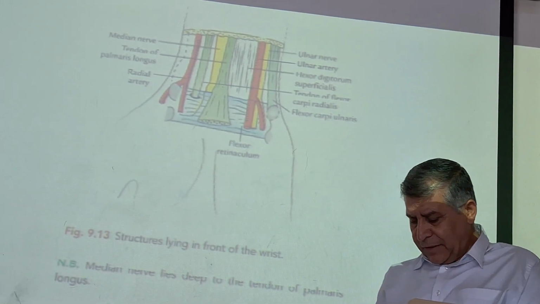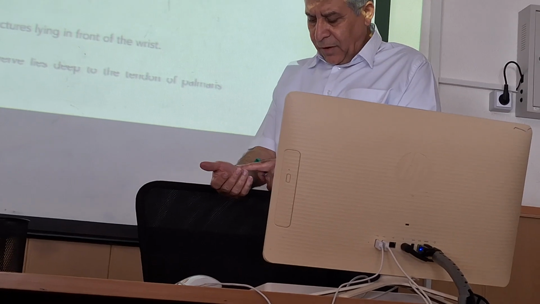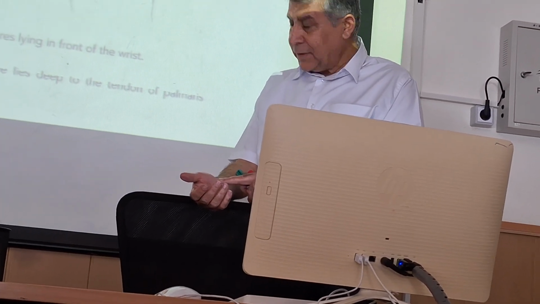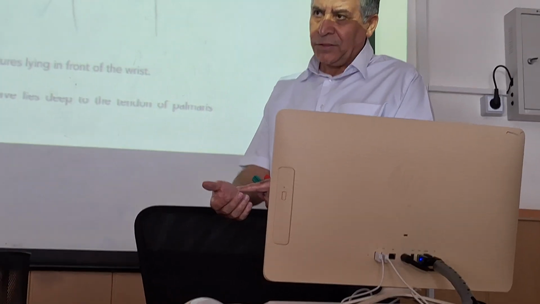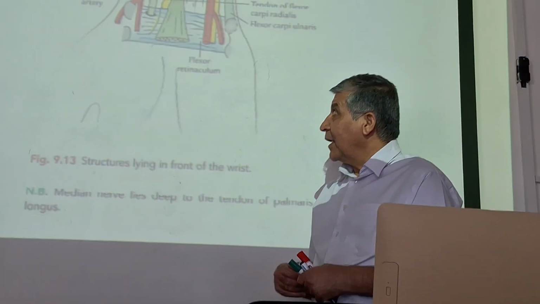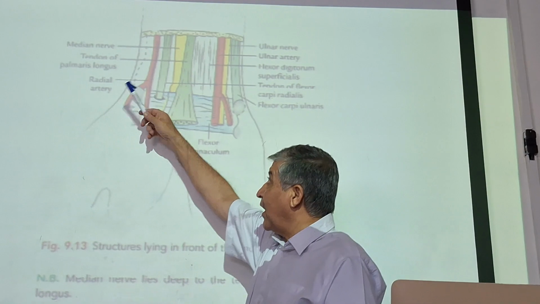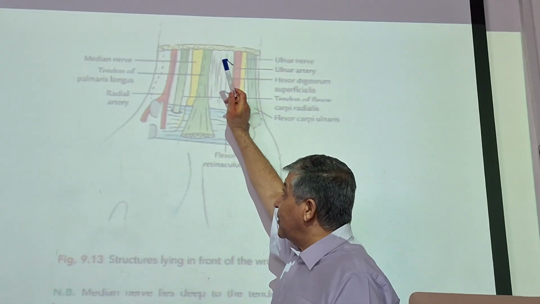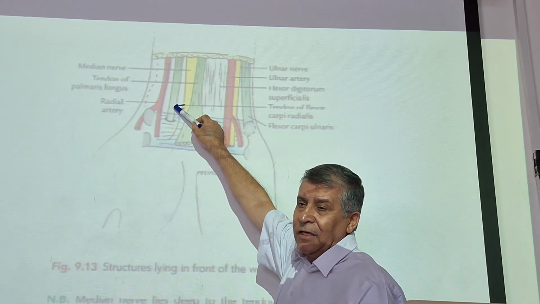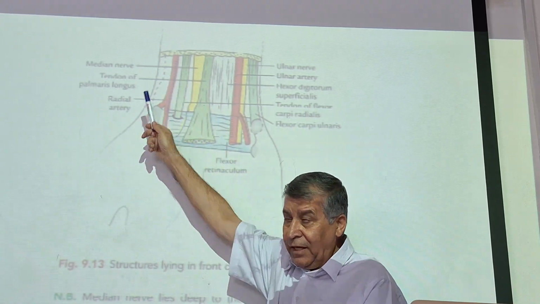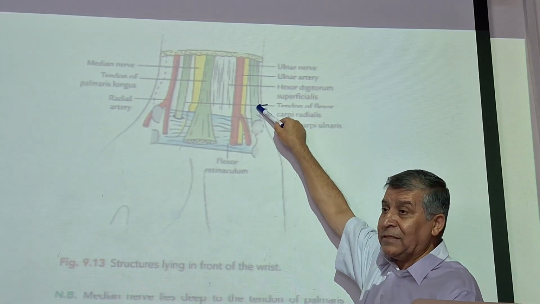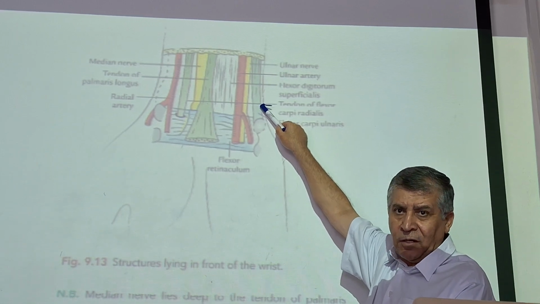At the anterior surface of the wrist joint, there are important relations between anatomical structures. On the lateral side, you can see the tendon of flexor carpi radialis. On the medial side, you can see the tendon of flexor carpi ulnaris.